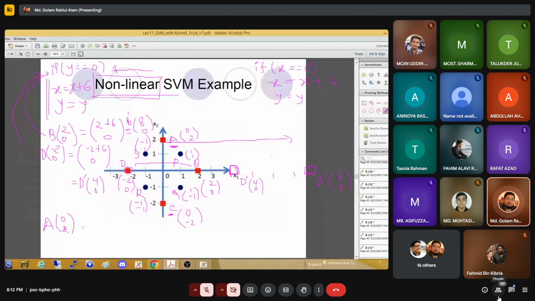If you apply the transformation function, at first we need to check whether y is 0, no. Whether x is 0, yes, x is 0. And what will be the new position? It will be x equals x plus 6, so 0 plus 6, and 2 is 2. It means we will get A in a new location, that is 6 and 2.